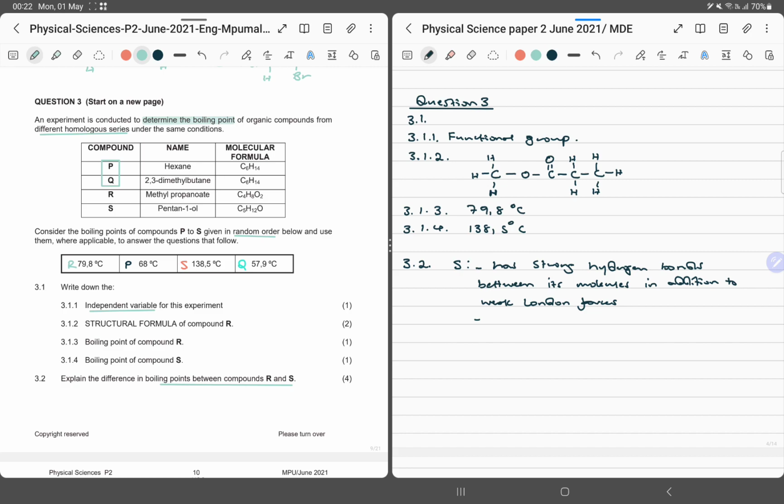Number two, what I like to do though, I like to compare these things in one statement, and then would say more energy will be required to separate the molecules.